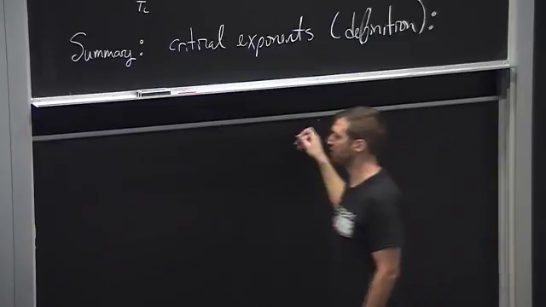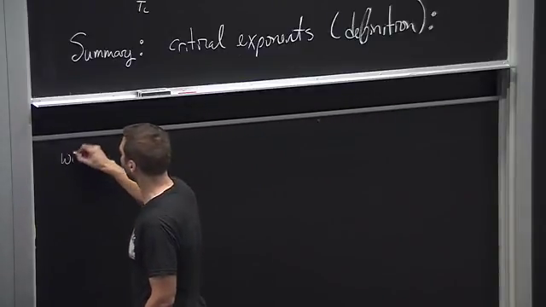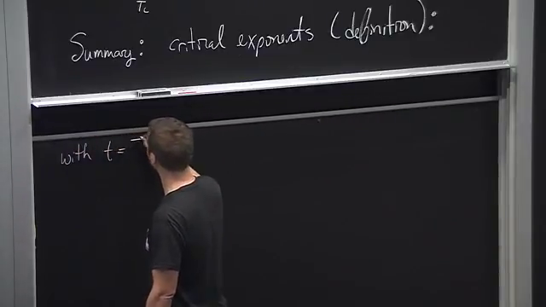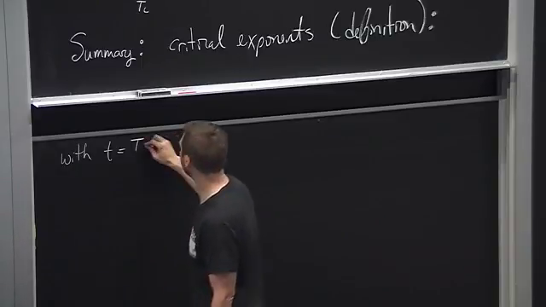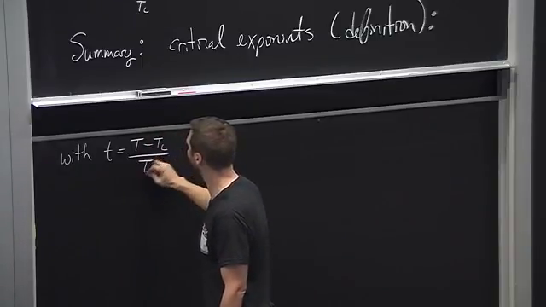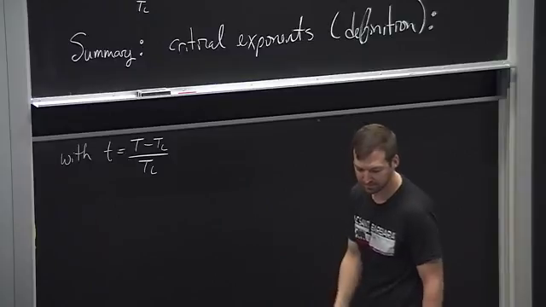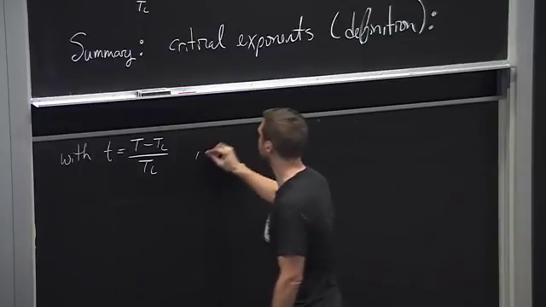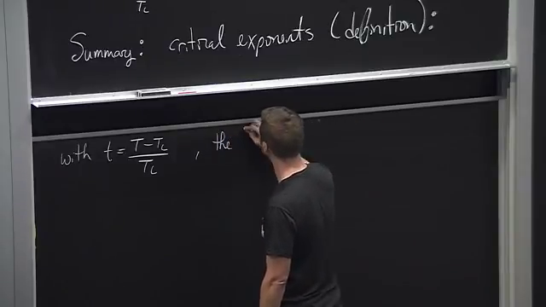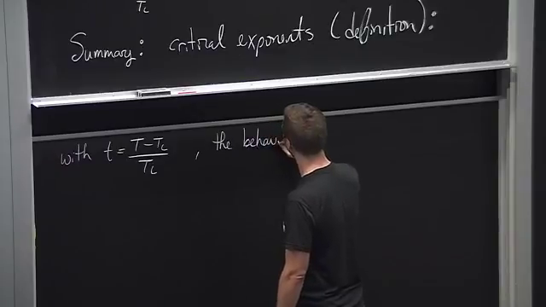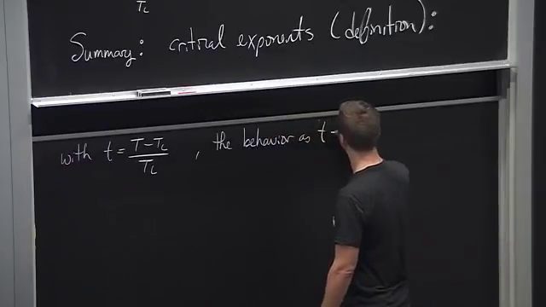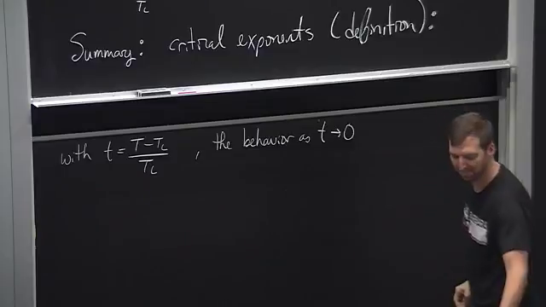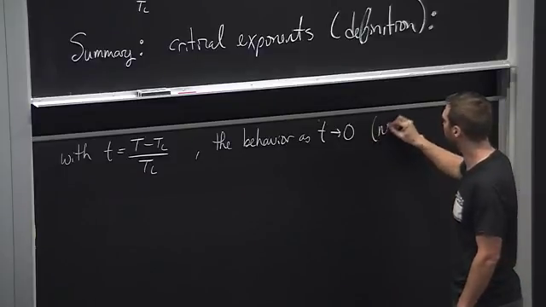So for the reduced temperature, T minus Tc, behavior as T goes to 0, near the critical point.